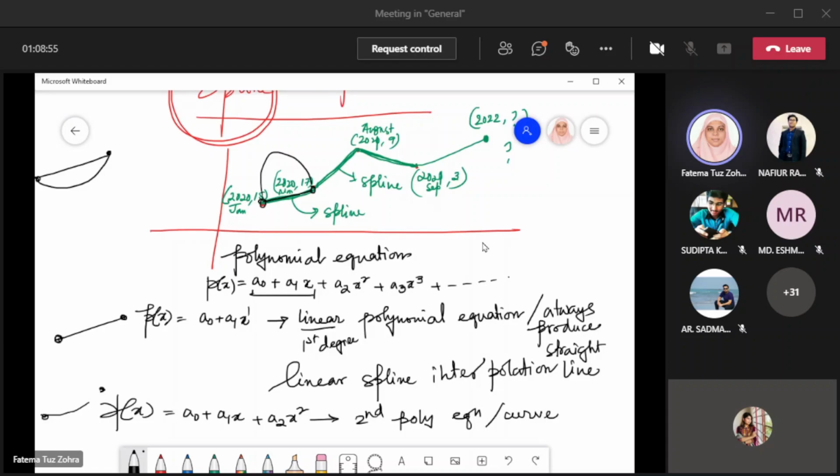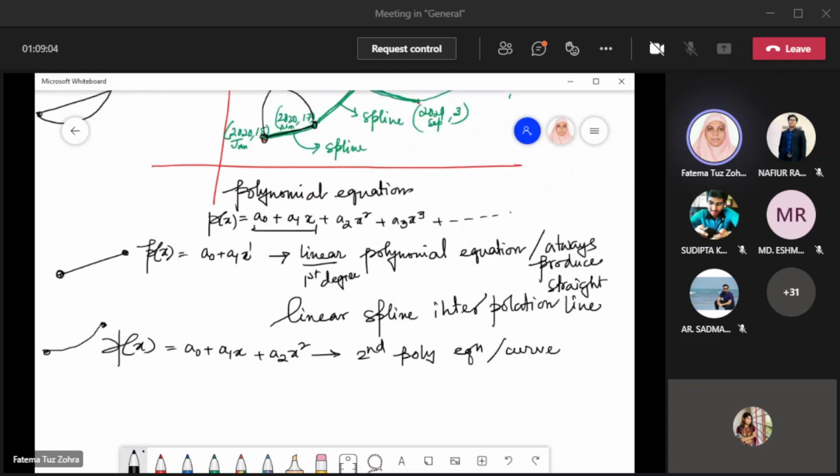That is a second degree polynomial equation, known as second degree spline or quadratic spline interpolation.